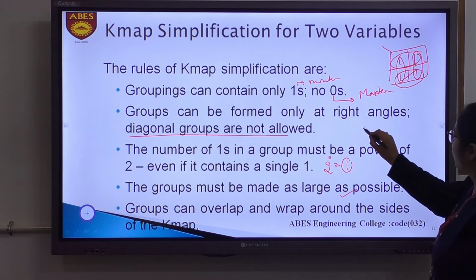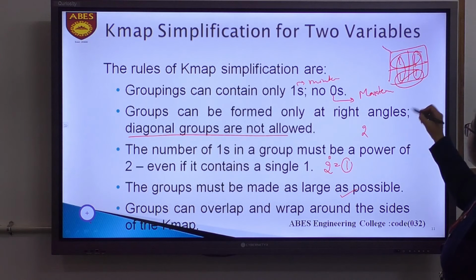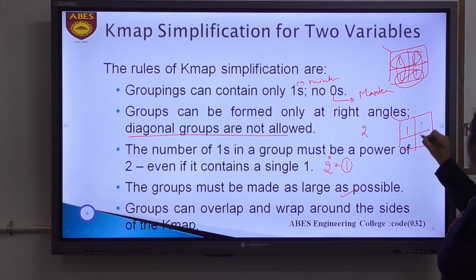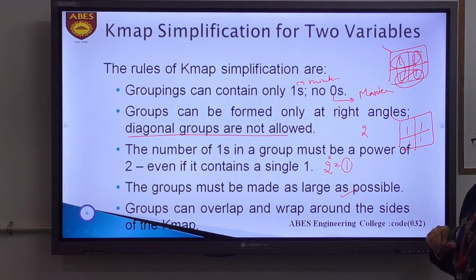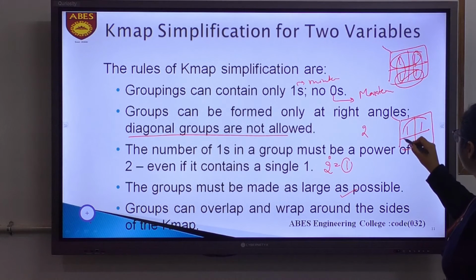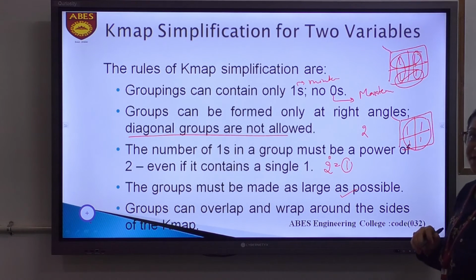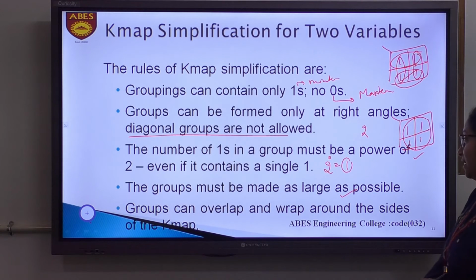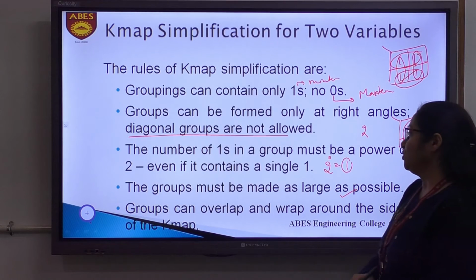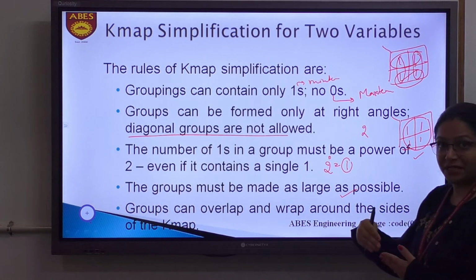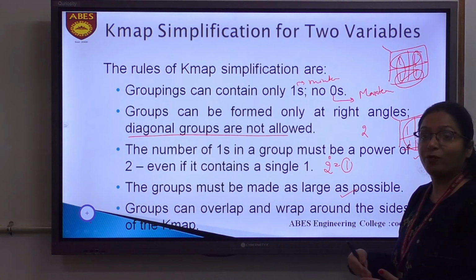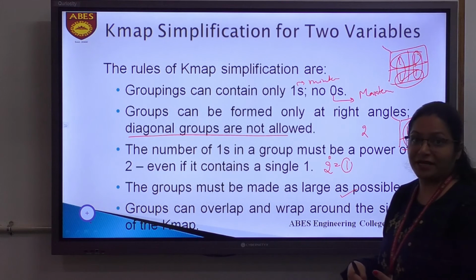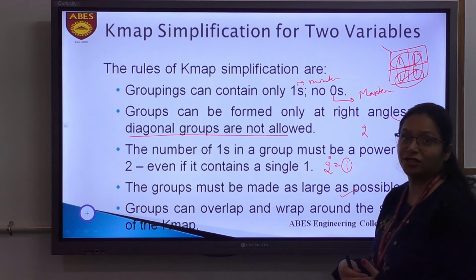So instead of a grouping of 2, here in this matrix I have an option to create a group of adjacent 4 ones, which is bigger than the grouping of 2 adjacent ones. So I will take this as my final solution for simplification. So if I have a grouping of 2 adjacent ones and in the same figure I have a grouping of 4 adjacent ones, then I have to give preference to the 4 adjacent group, that is the larger group.